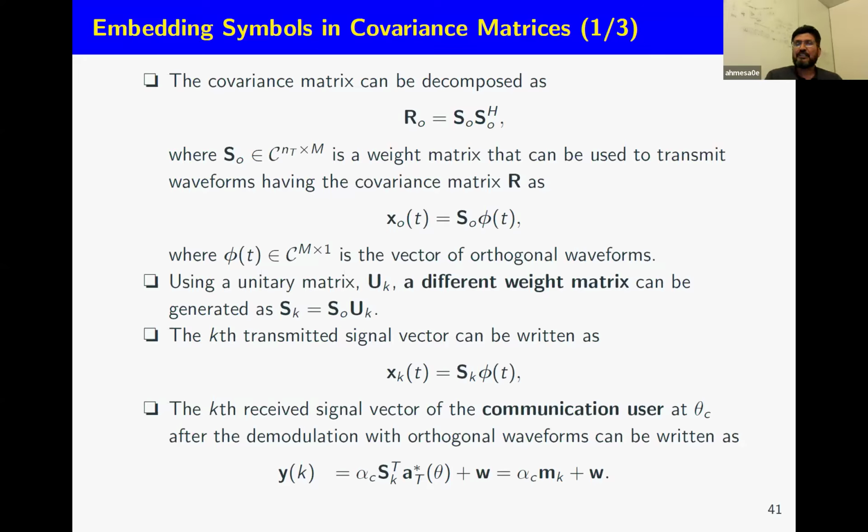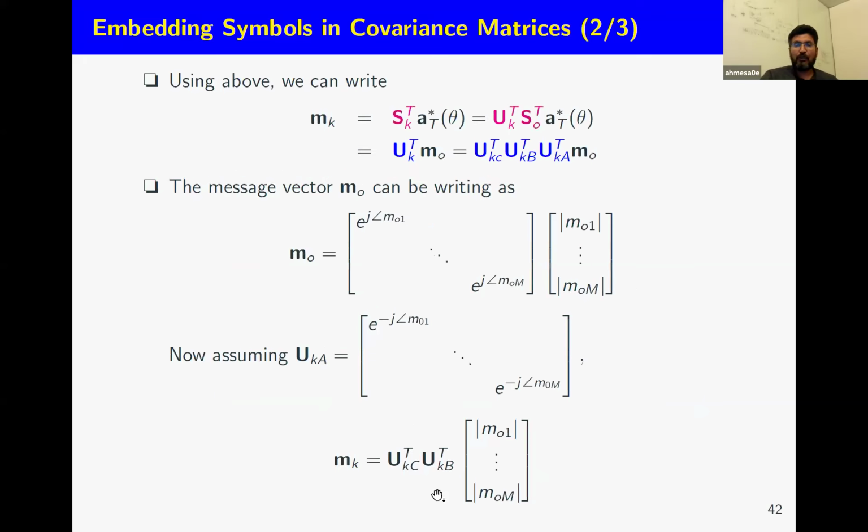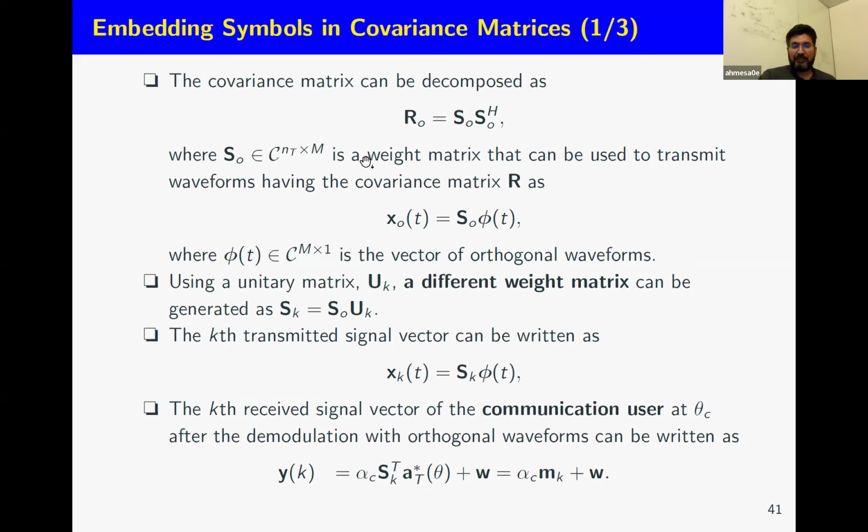Now I will further expand this one. I'll put the value of S_k from here. You know that S_k is S_0 U_k. If I put S_k equal to S_0 U_k, we will get this one. And remember, what is m_k?